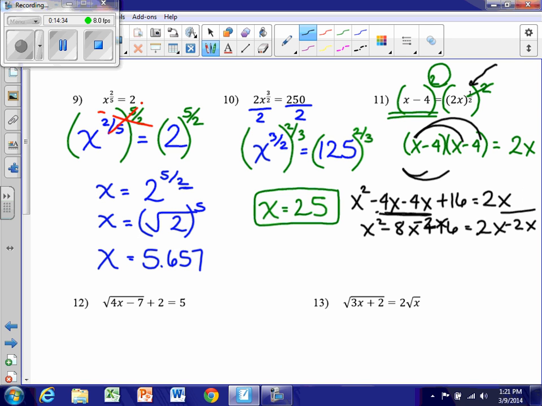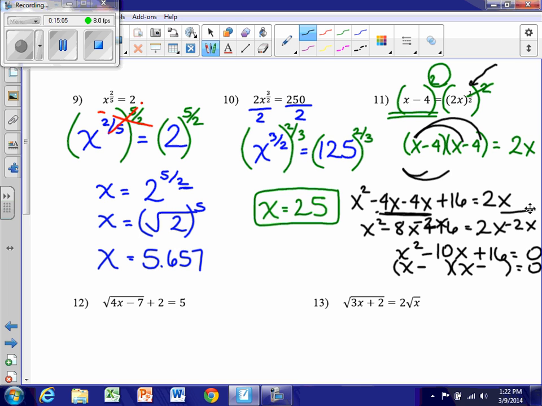All right, so I have to subtract 2x from the 8x, and that gives me x squared minus 10x plus 16 equals 0. And then I have a trinomial that I have to unfoil. The signs are the same because of the plus, and they're both minus because the 10 is negative.